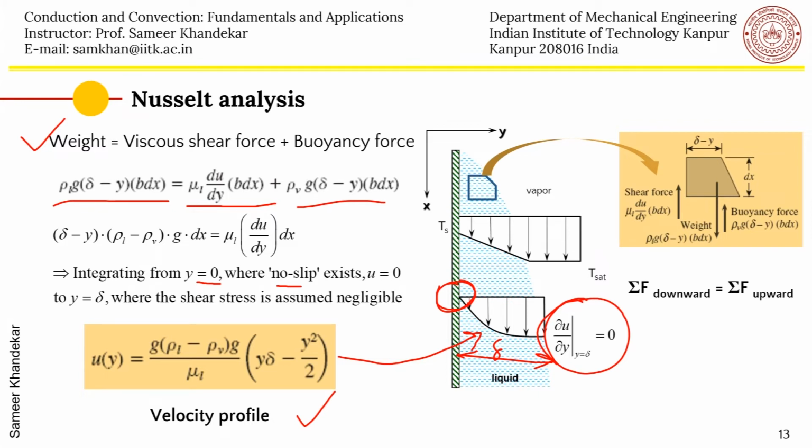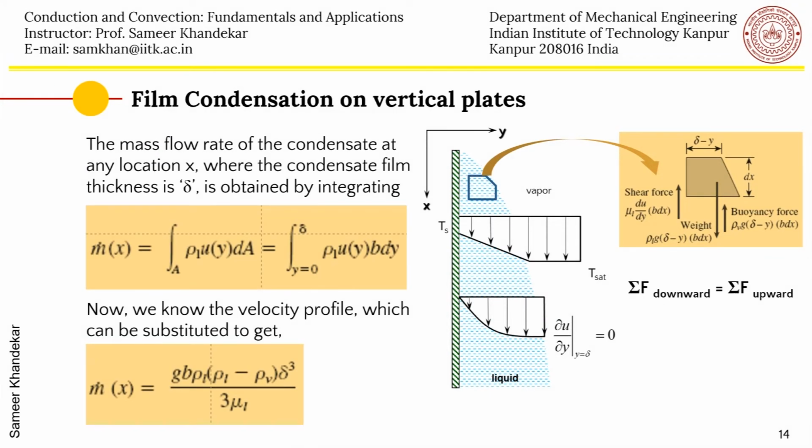You can perform the integration at home, and you can get the mass flow rate of the condensate. So now we know at any location what the mass flow rate of the condensate is where delta is known. Now the only thing is that delta is not explicitly known, so that can also now be determined.